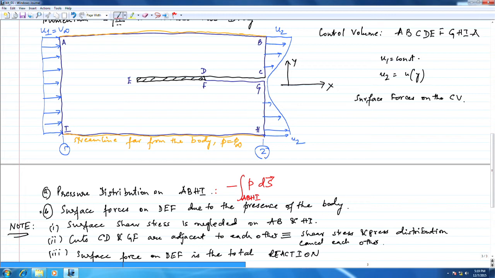Area in this case is unit depth, so ds into 1, so ds is basically unit length. ds is the small elemental length somewhere along AB or HI, and the pressure is always directed opposite to that. Therefore, you have the negative sign. So, this is my pressure distribution.